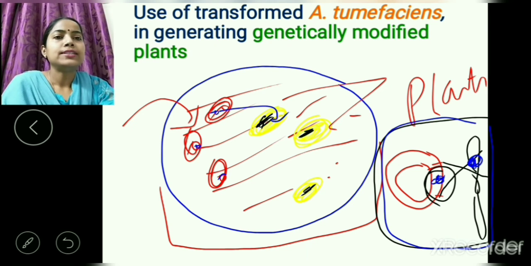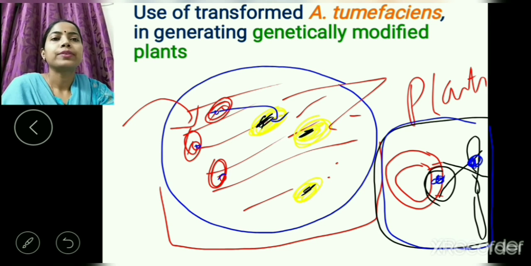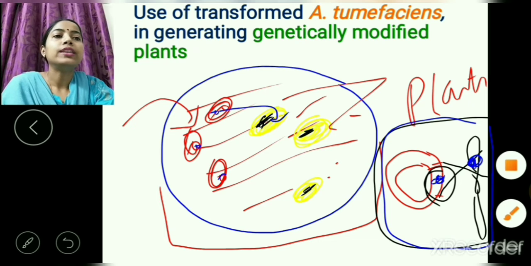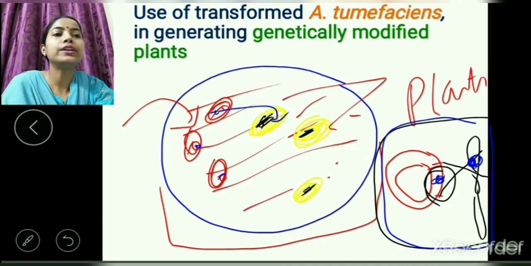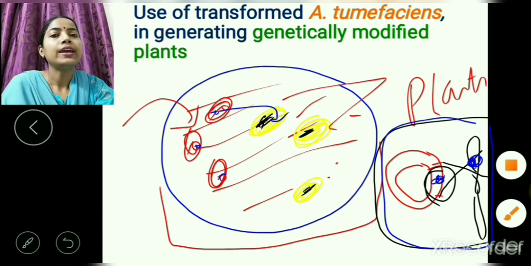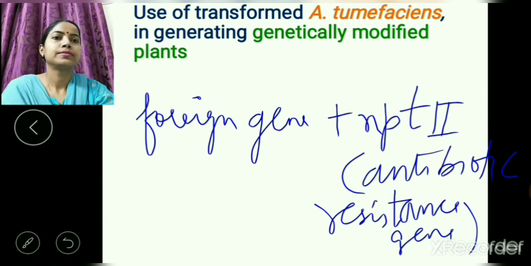So some plant cells will be transformed by the modified Agrobacterium, and some will not be modified by these bacteria. So there will be two types of plant cells: one that is transformed, carrying the foreign gene along with the selectable marker, and another that is non-transformed, because no Ti plasmid has entered their structure and they don't carry the foreign gene.